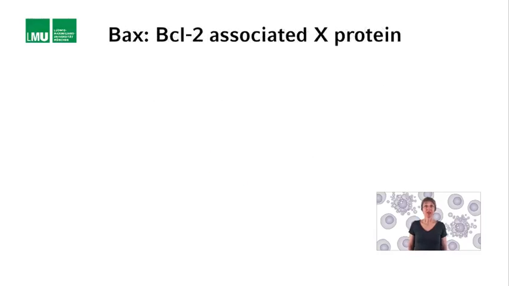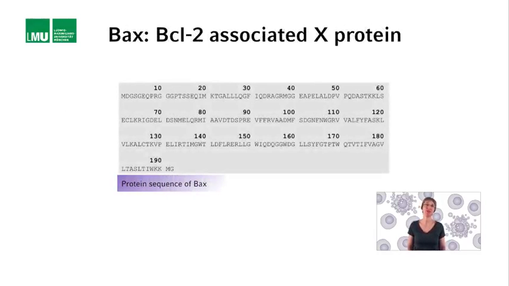What is Bax? Does the sequence of the Bax protein reveal any specific functions or homologies? The sequence of Bax did not reveal any specific functions. However, it revealed weak homology to another protein. Of the thousands and thousands of proteins within mammalian cells, guess which one it shared some homology with?